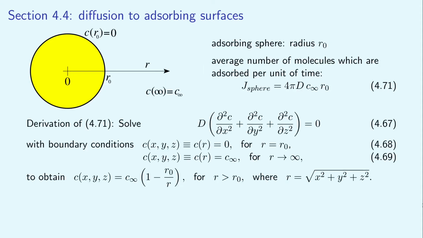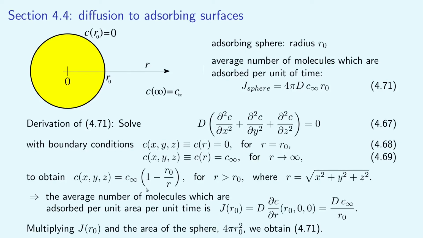To derive such a result, we calculate the steady-state solution of the diffusion equation with the boundary conditions that the concentration far from the sphere is held constant, equal to C infinity, and the concentration on the surface of the adsorbing sphere is equal to 0. The solution of this partial differential equation is given by this formula.